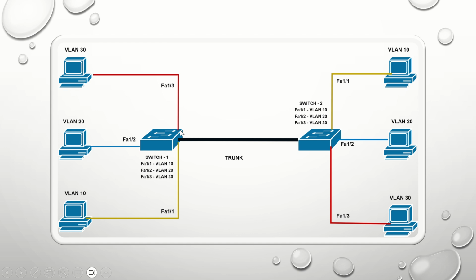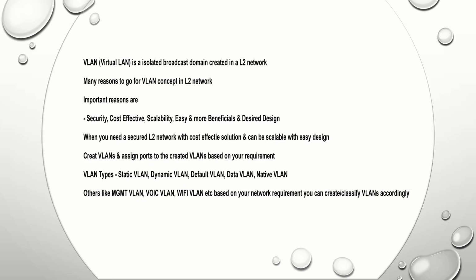You can assign 3 ports for VLAN 30, 3 ports for 20, 3 ports for 10. So that means 9 ports will be in a different subnet or different broadcast domain. Thereby you are achieving security, and you don't need to go for another switch to configure this kind of single broadcast domain network. So thereby you are saving some cost. That's why it is cost effective.